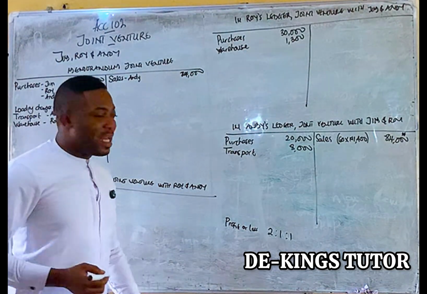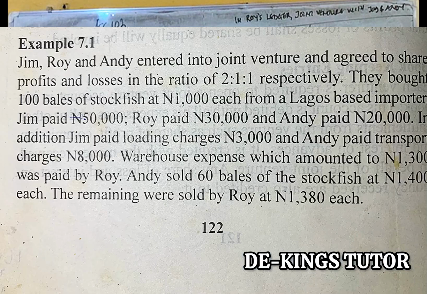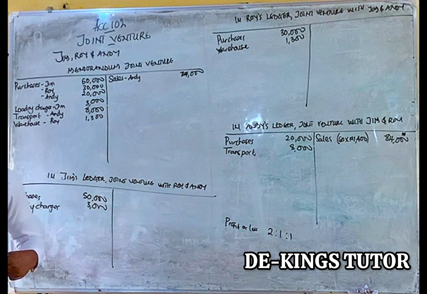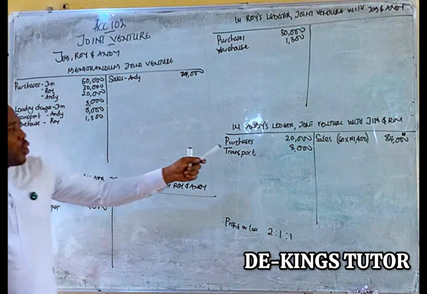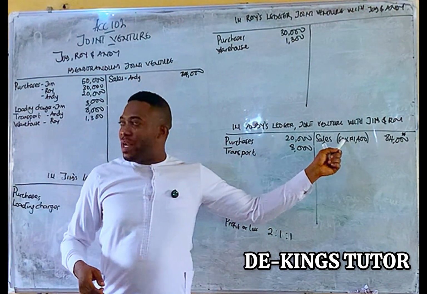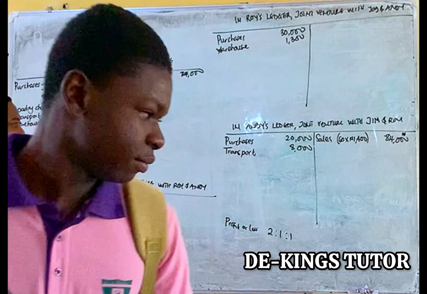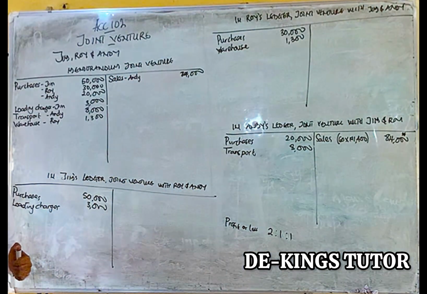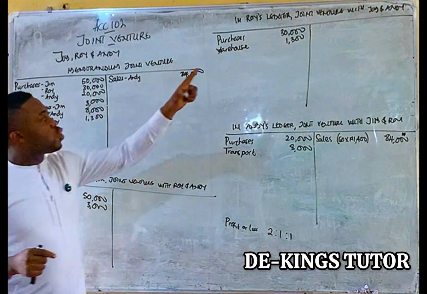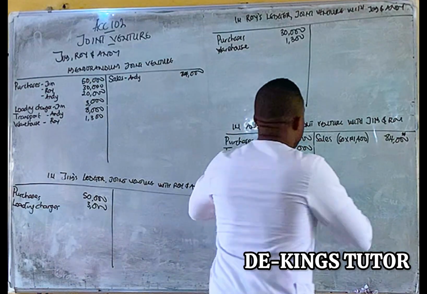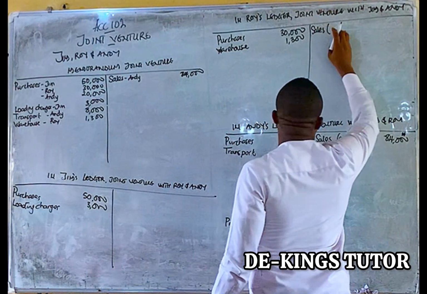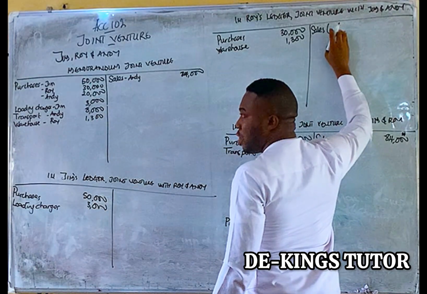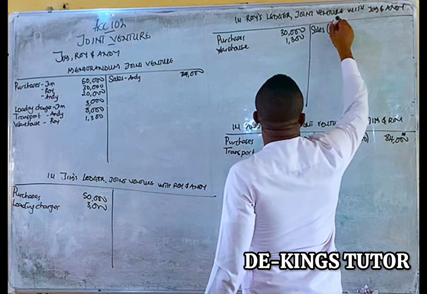Okay, what's the next one? If you remember, they said they bought how many? 100. They have sold how many? 60. How many is remaining? 40. So they said the remaining, they didn't mention, that's 40, was sold by Roy. So we come here, sales at how much? 1,380.